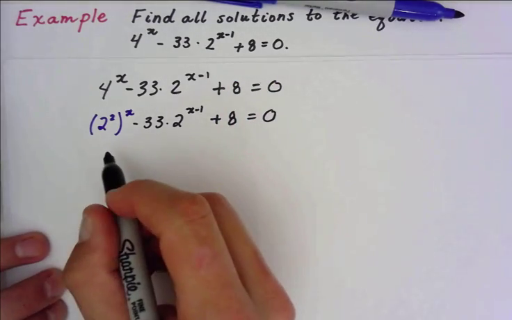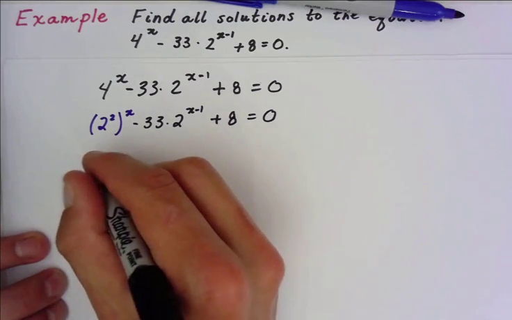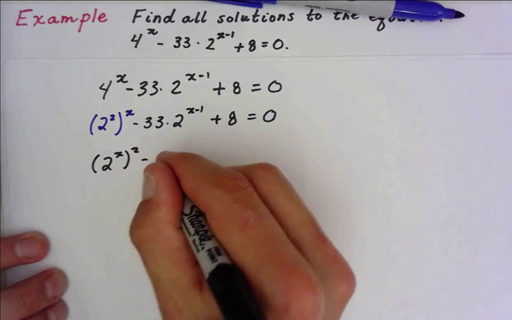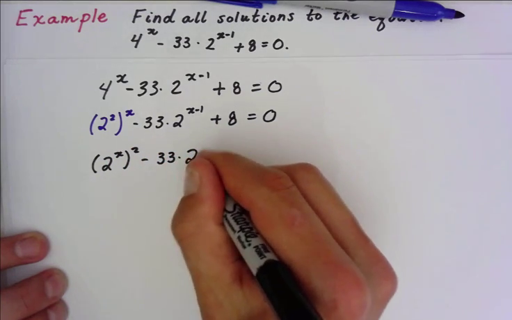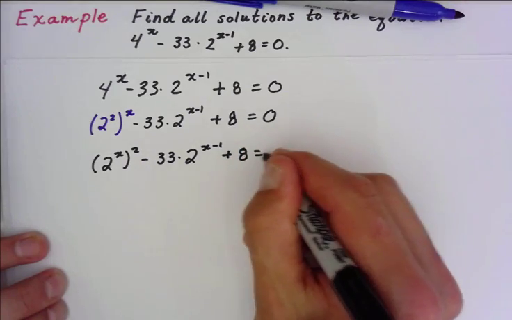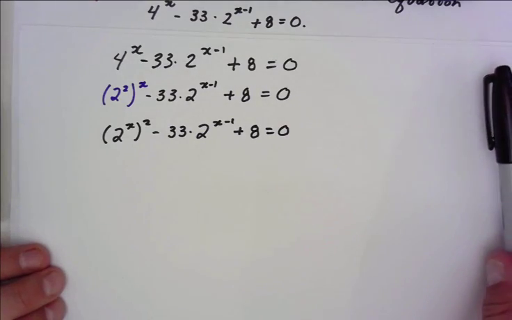This is a power to a power, so let's switch that: 2 to the x squared minus 33 times 2 to the x minus 1 plus 8 equals 0. Now we're looking at something that could be a quadratic.